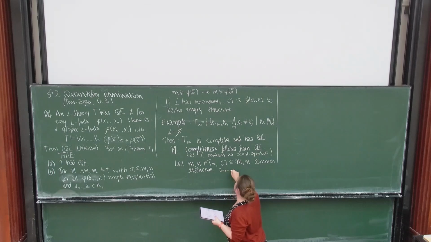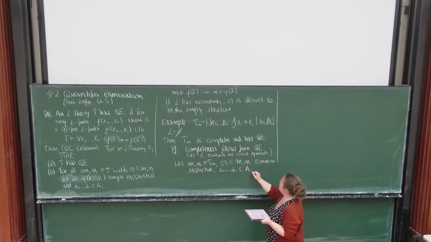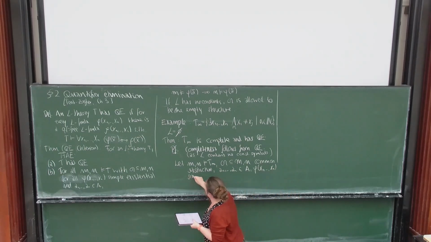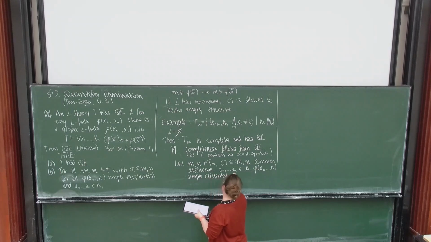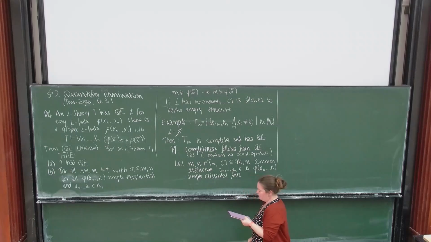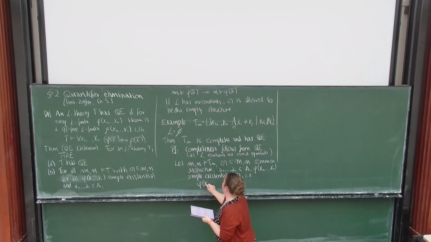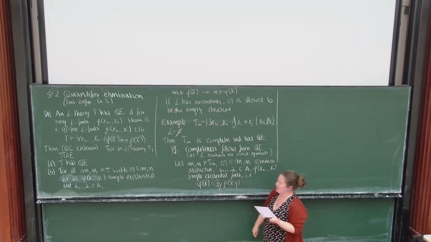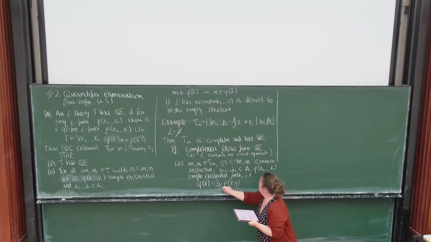I need to take a1 up to an, some elements in the universe of the common subset, and phi of x1 up to xn, a simple existential formula. Just to remind you, this means phi of x bar is equal to there is a y, rho of x bar y, where y is a single variable and rho is quantifier-free, so no quantifiers occur.